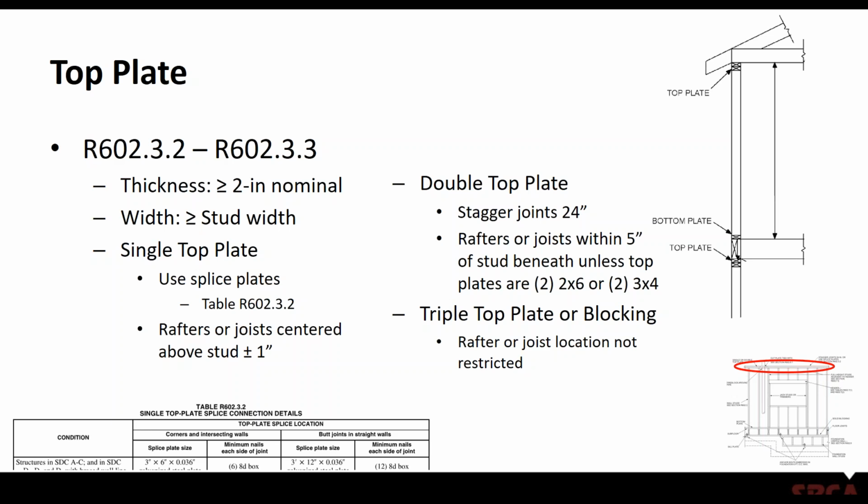With double top plates, the rafters or joists can be within 5 inches of the stud beneath, unless the top plates are 2x6 or 2 2x6 or 2 3x4. And if you use a triple top plate or blocking, the rafter or joist location is not restricted.